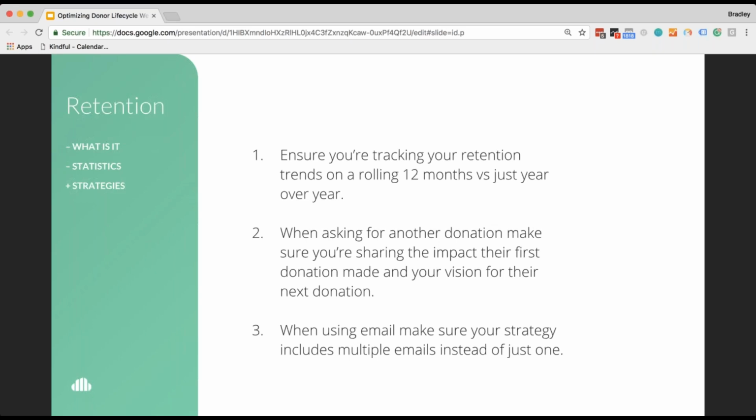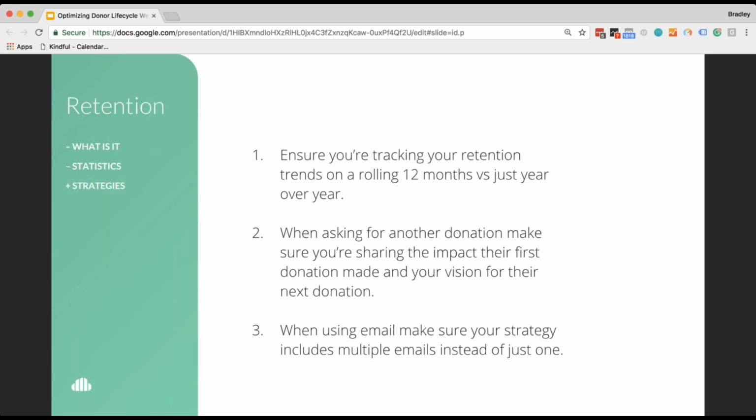What I mean by that is don't just send them one email. Maybe you identify that you have 100 people who haven't given in the last 12 months and they just did churn or they just did lapse. So what you would want to do is send all 100 people those emails, say 10 respond and go ahead and give. Great work. You just increased your retention rate. But you want to make sure that you continue to communicate with the other ones.